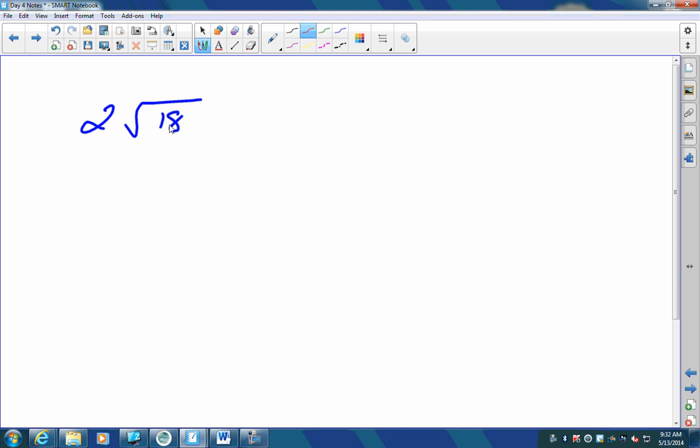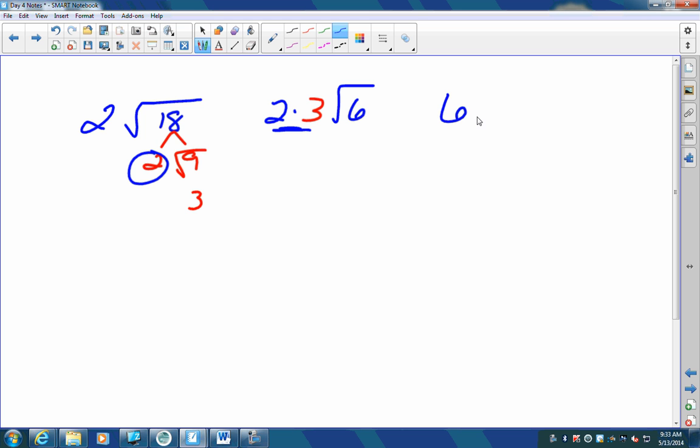First, you start with 18. I'm going to split it up, and I know that there's a perfect square in there. I know that I have 2 times 9. Well, the square root of 9 is 3. So now this becomes 2 times that 3, and then this 2 just stays underneath the square root sign. So it becomes 6 square root of 2, because 2 times 3 is 6.